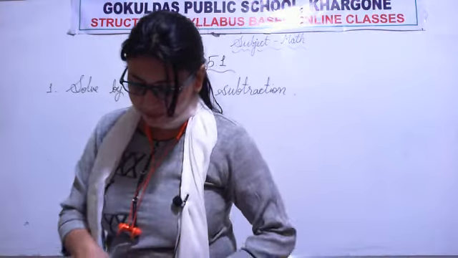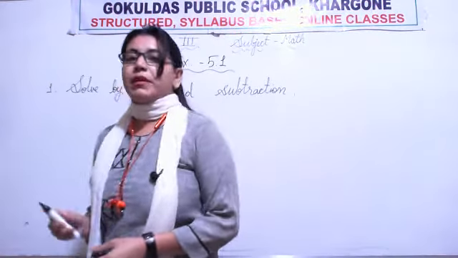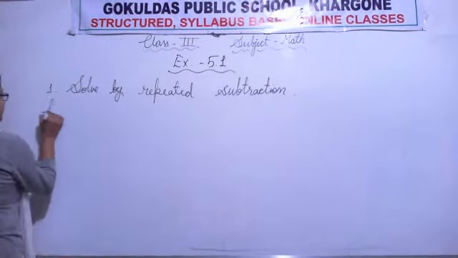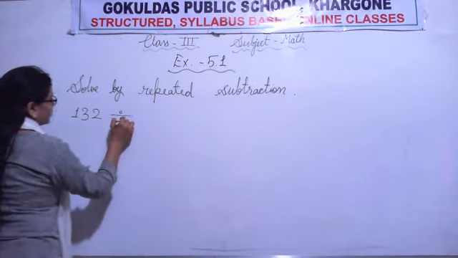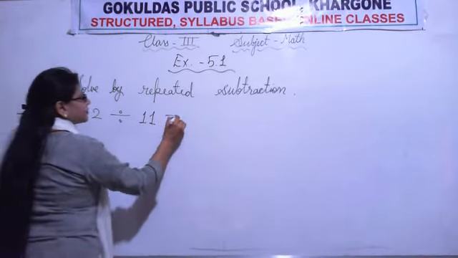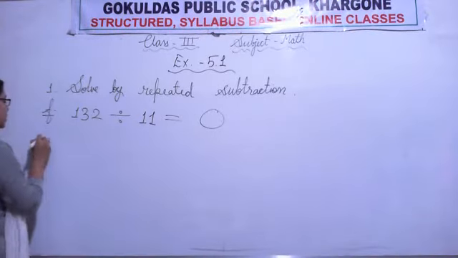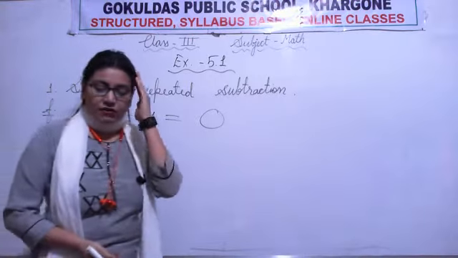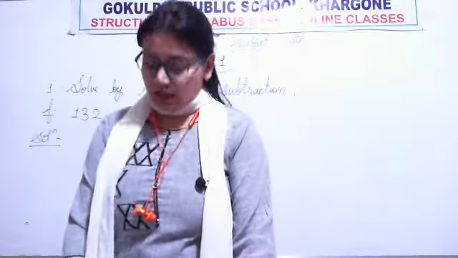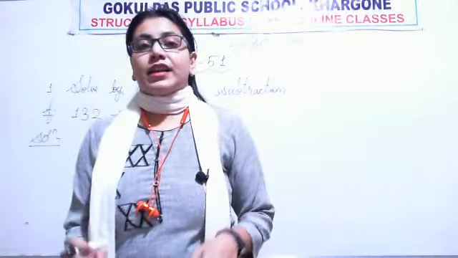Question F is 132 divided by 11. So let's start the solution. So once again we will subtract 11 again and again from 132.